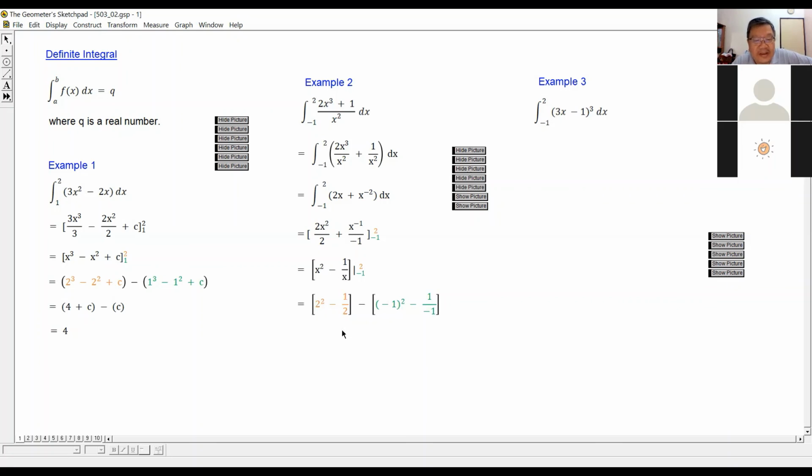So this is the first bracket. Second bracket, you substitute in the -1. So -1 squared minus 1 over -1. This is 4, 4 minus half, 3.5.